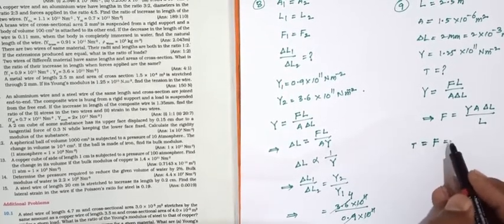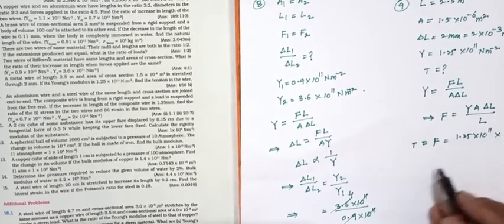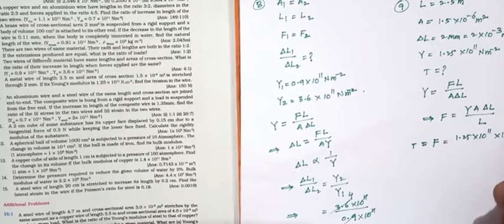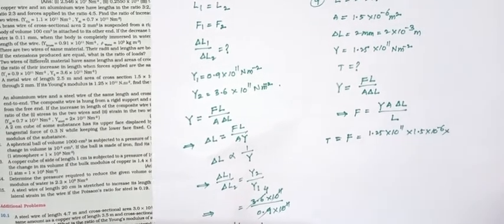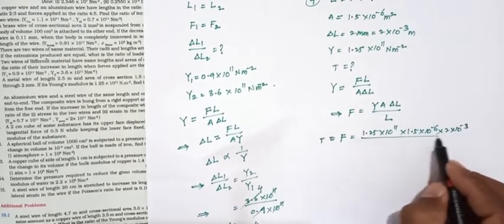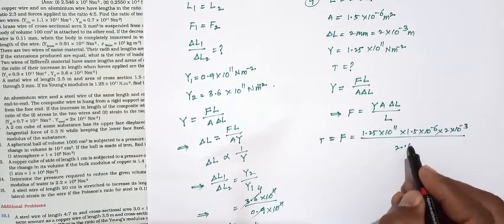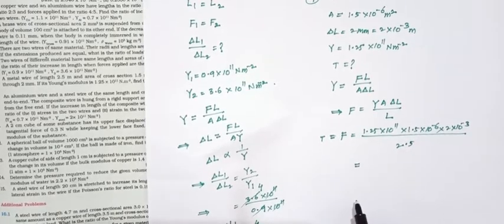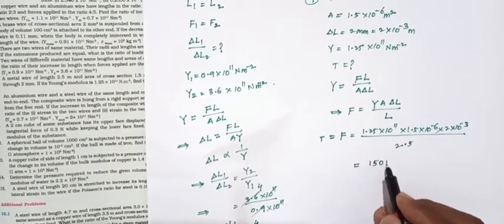T equals force equals 1.25 into 10 to the power of 11 into area 1.5 into 10 to the power of minus 6, into delta L 2 into 10 to the power of minus 3, divided by L, which is 2.5. When we calculate this value, the answer is 150 newtons.